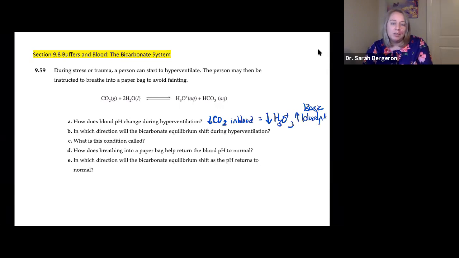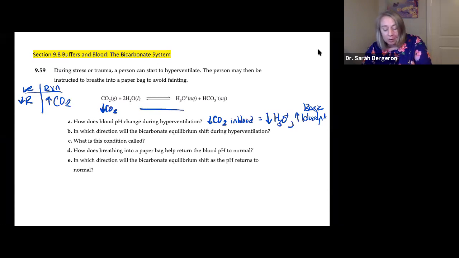All right, in which direction will the bicarbonate equilibrium shift during hyperventilation? Well, what are you actually doing? We just said you decrease CO2. So we decrease a reactant. What is the reaction going to do? The reaction is going to want to increase the CO2. And so the equilibrium is going to shift towards the reactants, right?